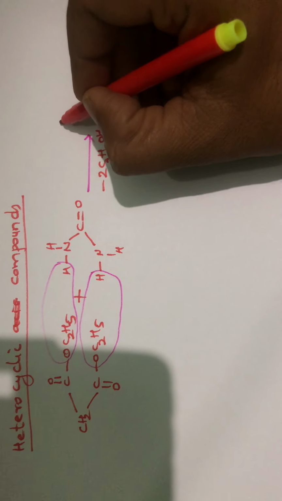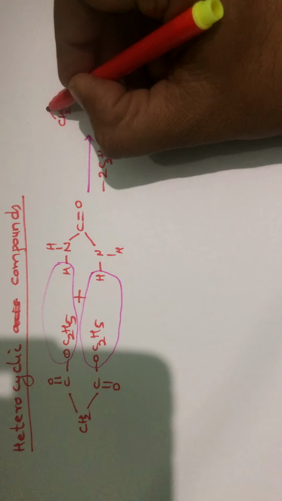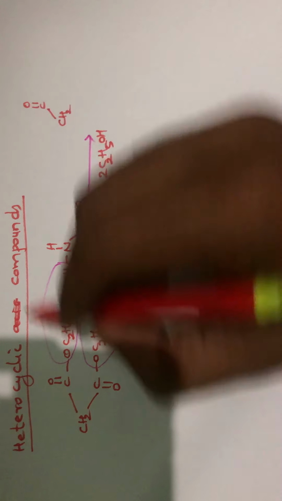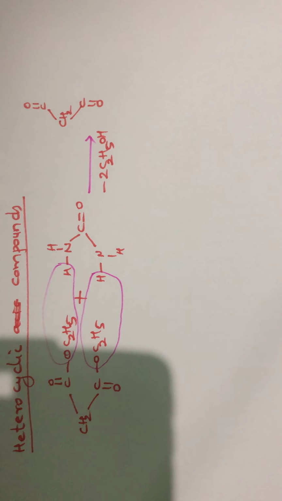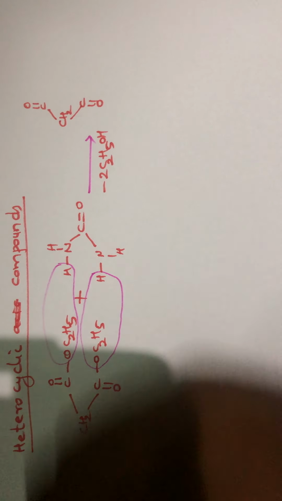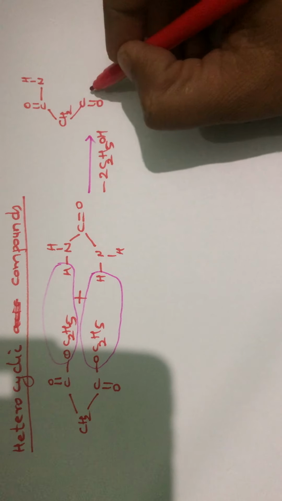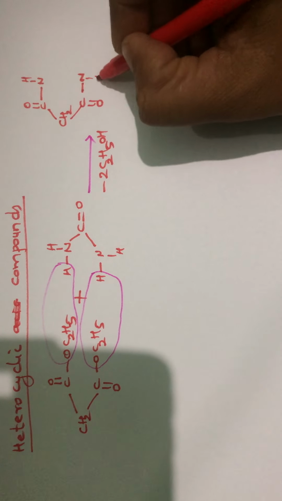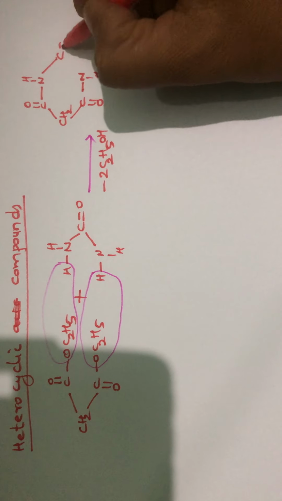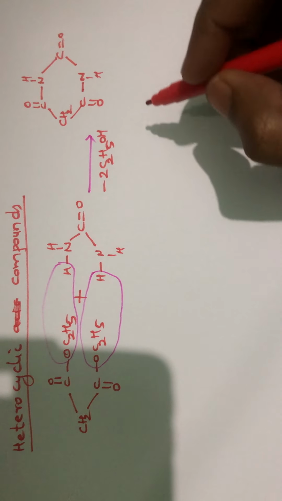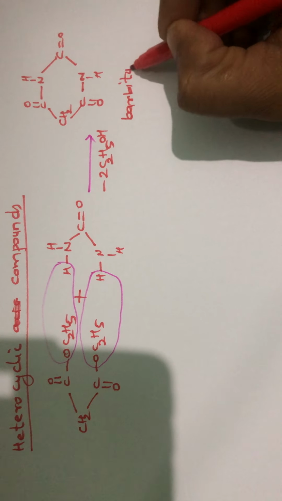It will be CH2 with C double bond O on each side, then NH, the new bond is formed, and C double bond O. So this is barbituric acid.